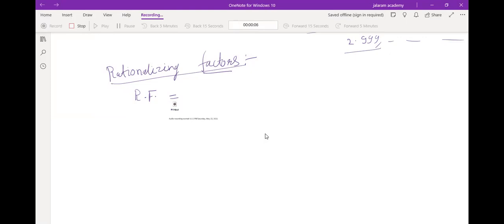The irrational numbers which when multiplied to another irrational number give the product as a rational number are called as rationalizing factor of the given irrational number. Is that clear to you?